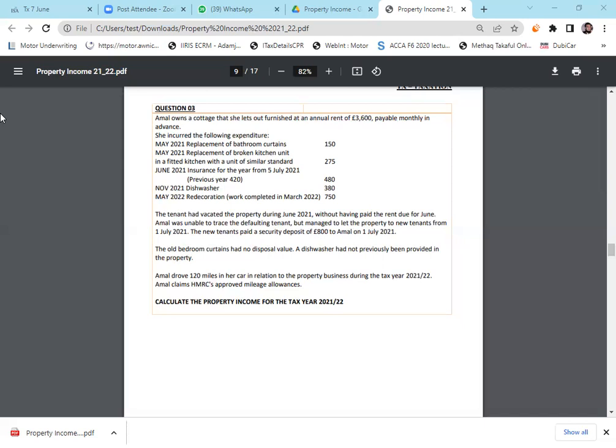The old bedroom curtains had no disposable value. A dishwasher has not previously been provided in the property. Amal drove 120 miles in her car in relation to the property business during the tax year 2021 to 2022. Amal claims HMRC's approved mileage allowance. Calculate property income for the tax year 2021 to 2022.